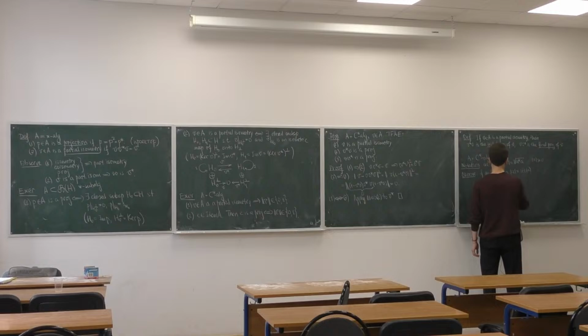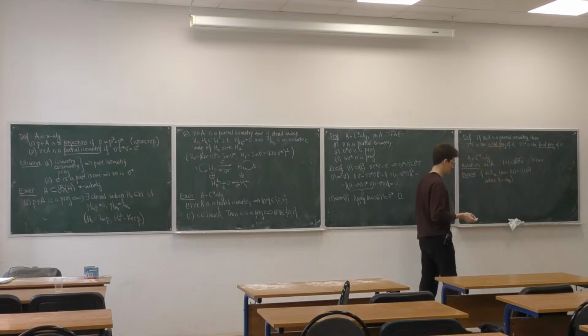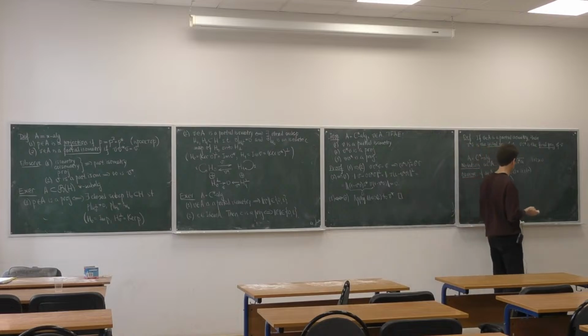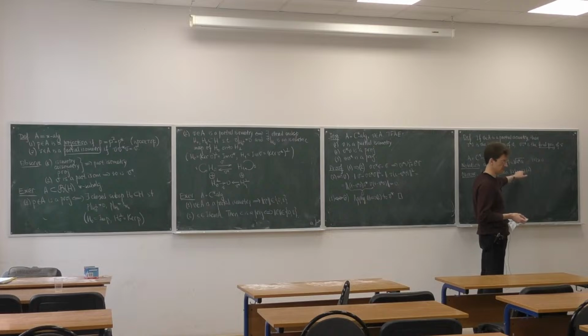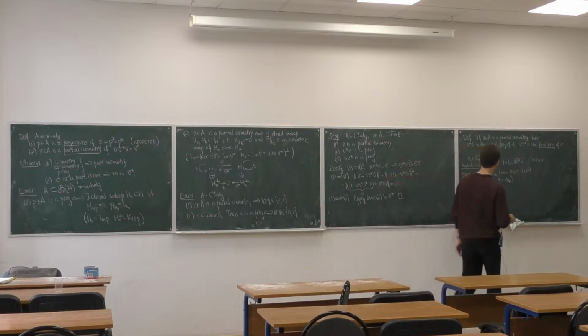This is immediate from the superposition theorem, because the modulus of t is the square root of t squared. So the square root of a squared, now a is self-adjoint, is just the modulus of a by the superposition theorem.